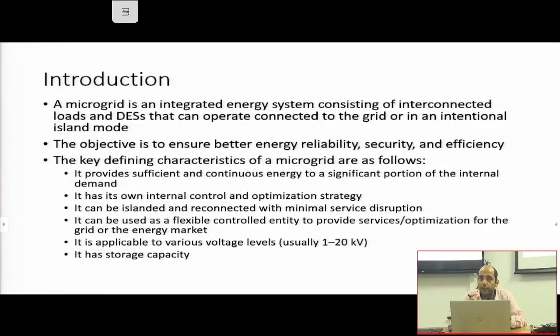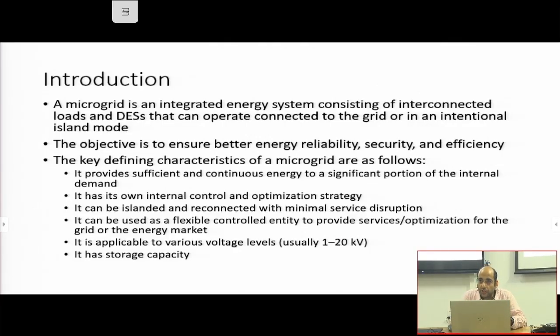By definition, the microgrid is an integrated energy system just like a conventional grid. It will have its own control, communication, sources, loads. So it's an interconnection of loads and energy sources. We use the word distributed many a time because the classical generators are located at a central point, for example, large bulk thermal power plants or hydropower plants.